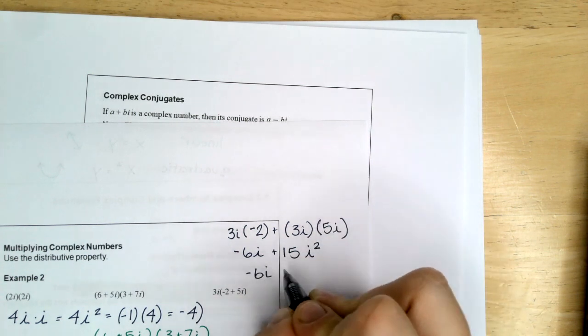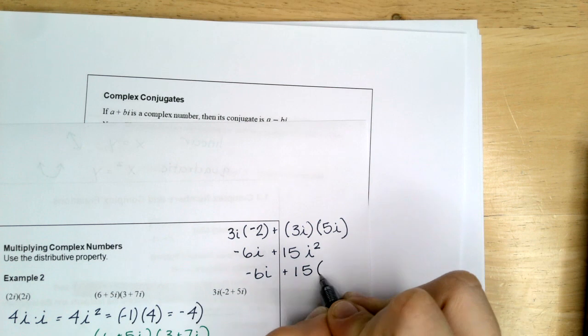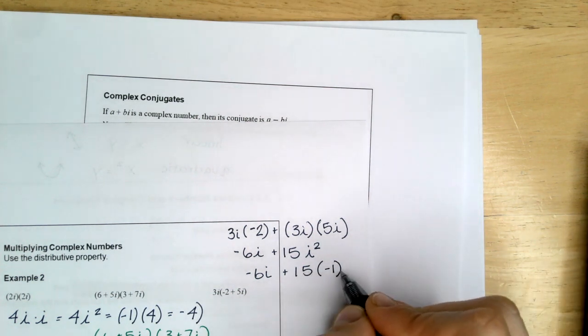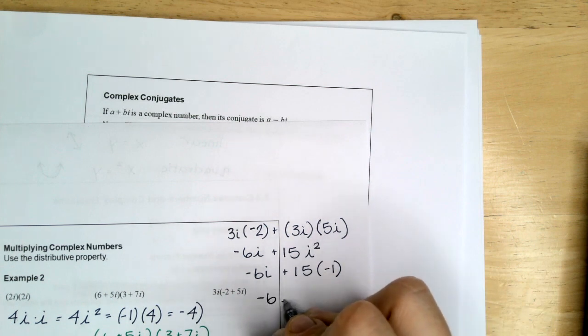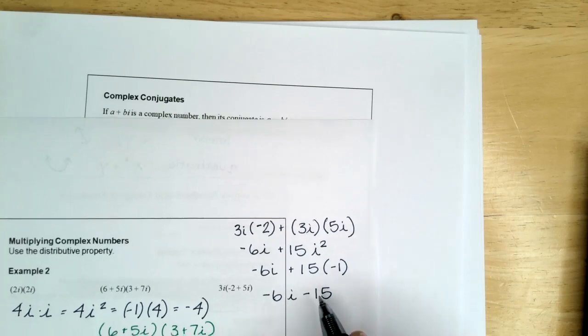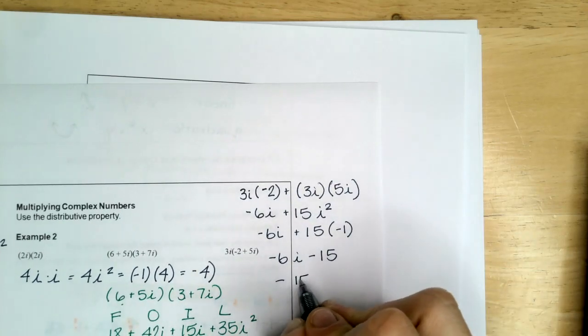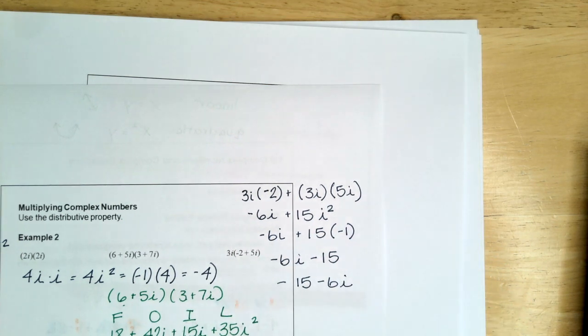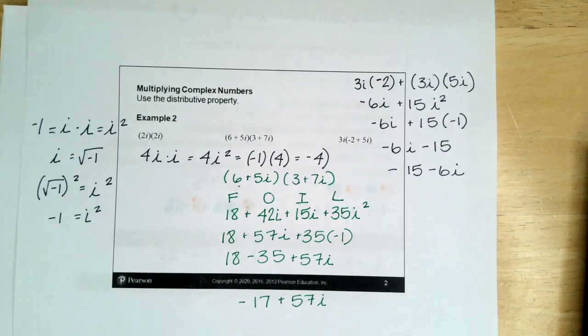Remember, anytime you have an i squared, you must change it to a -1. So now we're multiplying 15 times a -1, so we get -6i minus 15. However, it needs to be in a plus bi format, so it's -15 minus 6i for that final answer. Good? All right.